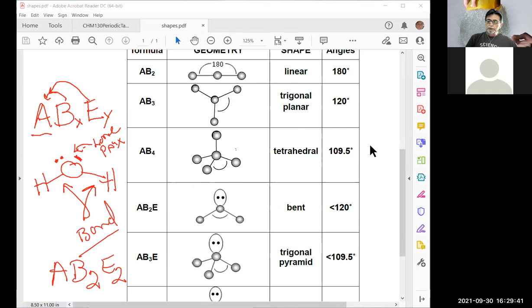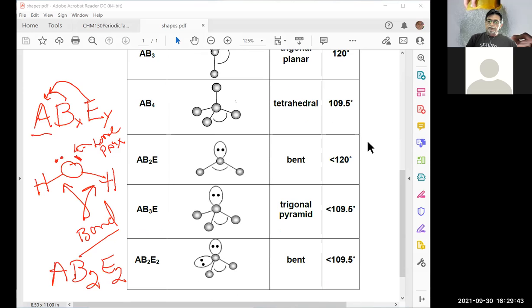Then in the table, we search for AB2E2, and there it is down at the bottom. Here's the general formula, okay? Here is the general geometric shape for water. The oxygen is in the center, and then we get the hydrogens over here, and then it has the 2 lone pairs. It looks like a lobe.